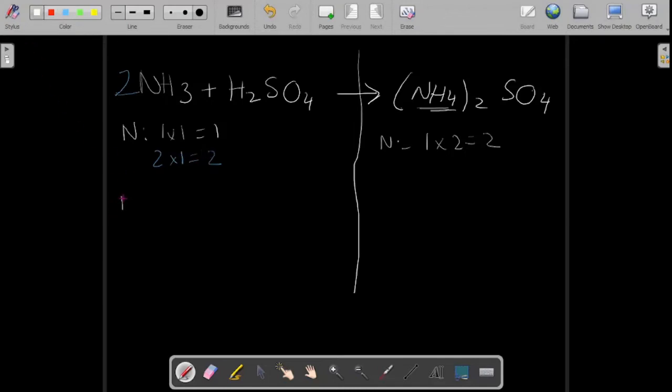Let's do hydrogens next. Okay, hydrogen. 2 times 3 equals 6 for this side, and the hydrogen over here is 4 times 4 here times 2 equals 8.